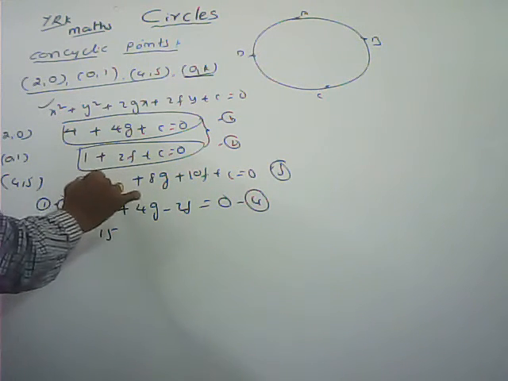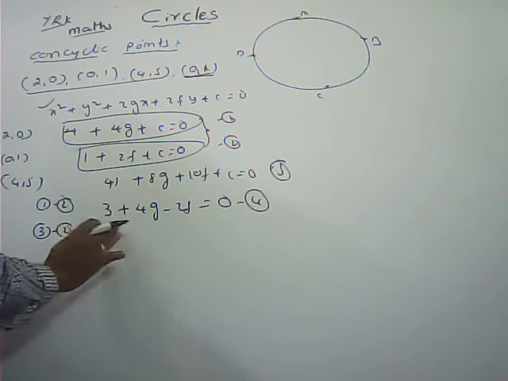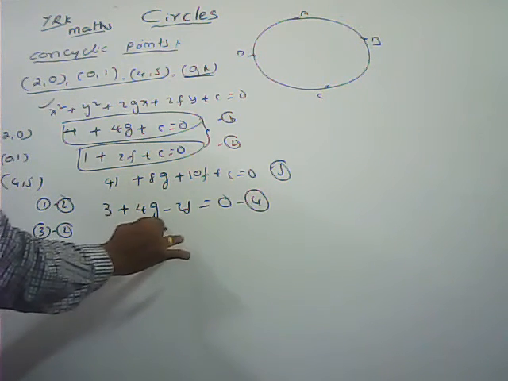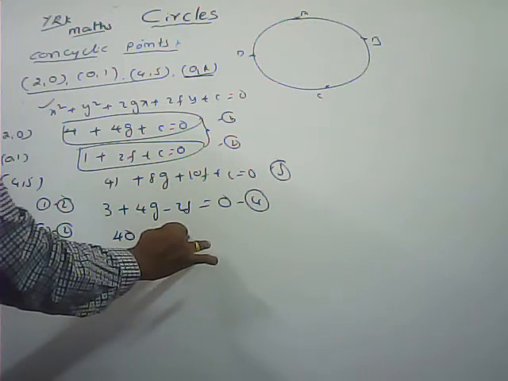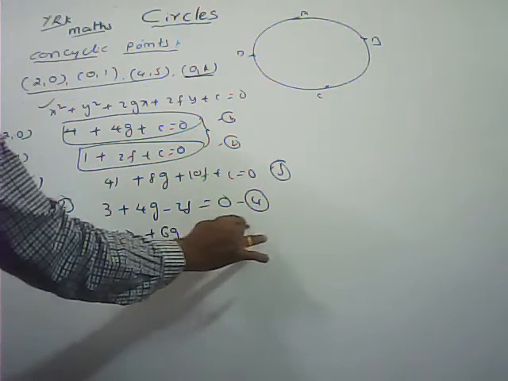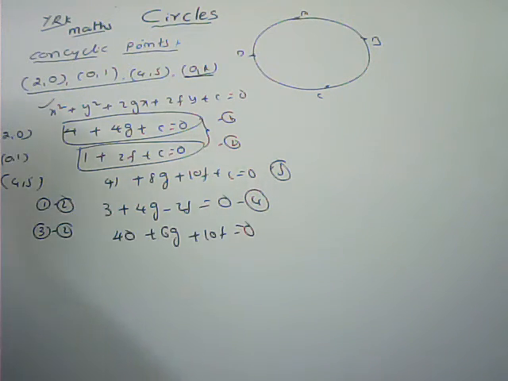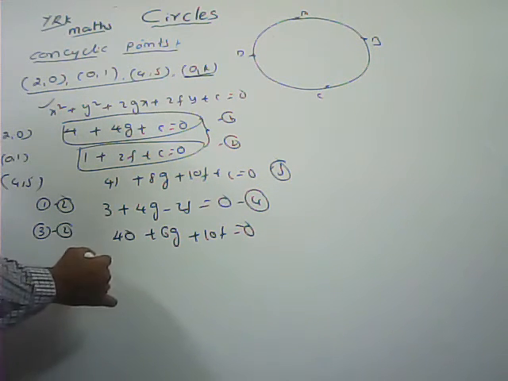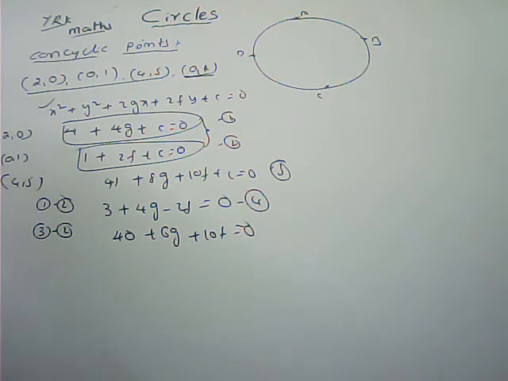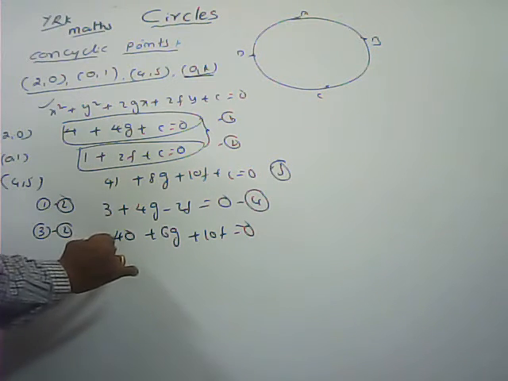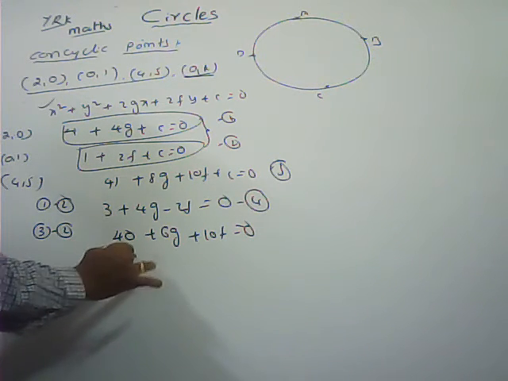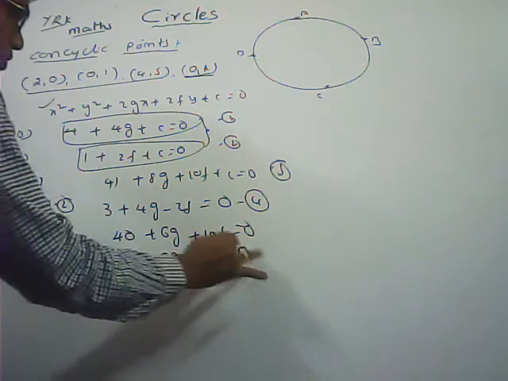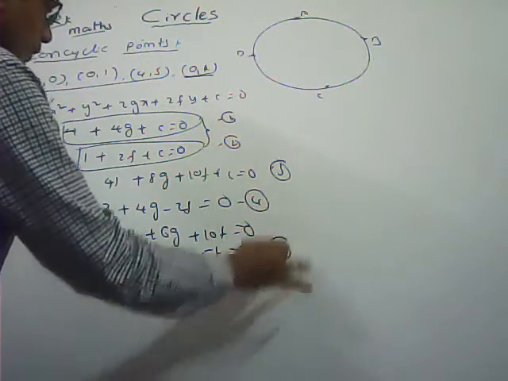Directly I am writing here. 41 minus 1, that is 40. 40 plus 6g plus 10f, that is equal to 0. So here we can divide with the 2. If I divide with the 2, 20 plus 3g plus 5f, that is equal to 0. This one I am taking as the 5th relation.